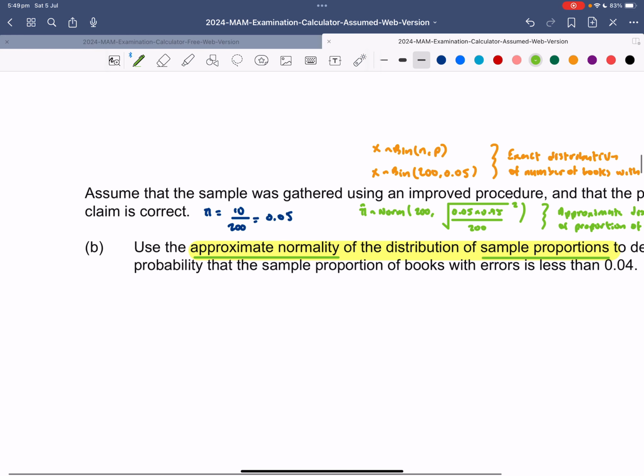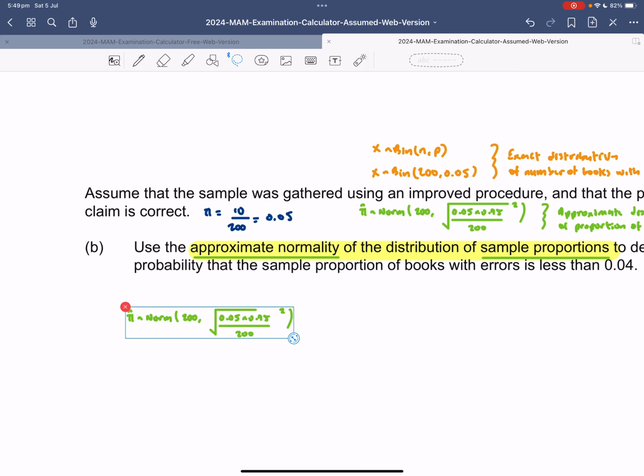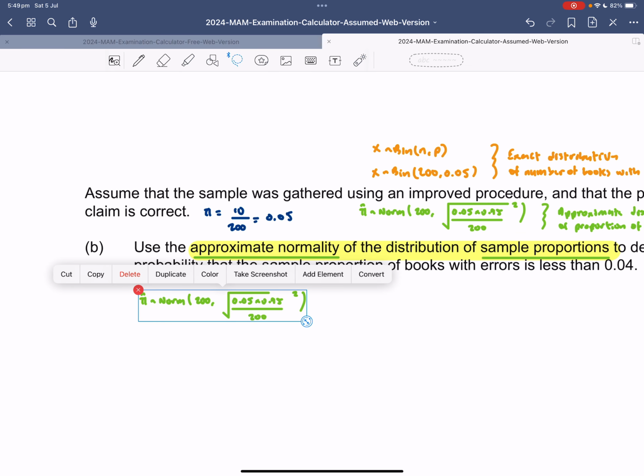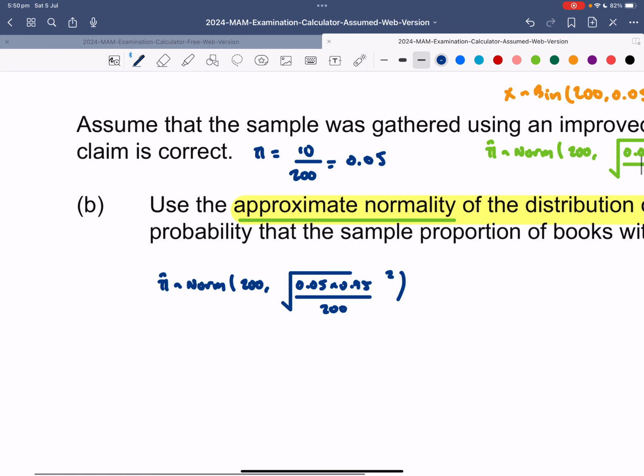So the sample proportion of books with errors is a normal distribution with these parameters, and we want the probability that the sample proportion is less than 0.04.